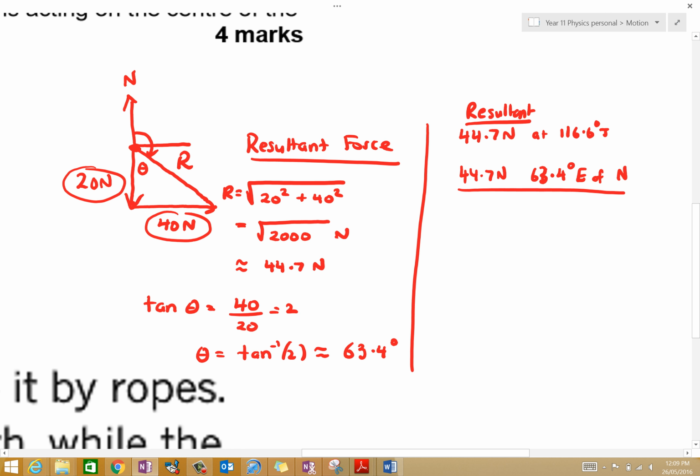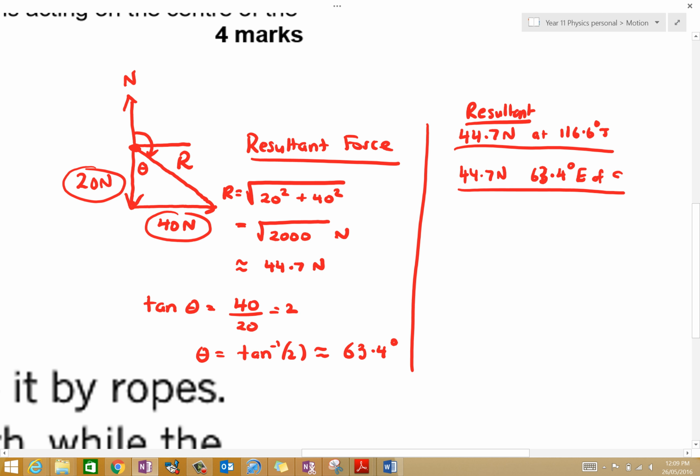I guess you're going to see either way, they're both right. You can see there that this angle here is 63.4 degrees east of north. Oh, sorry, east of south. My bad.